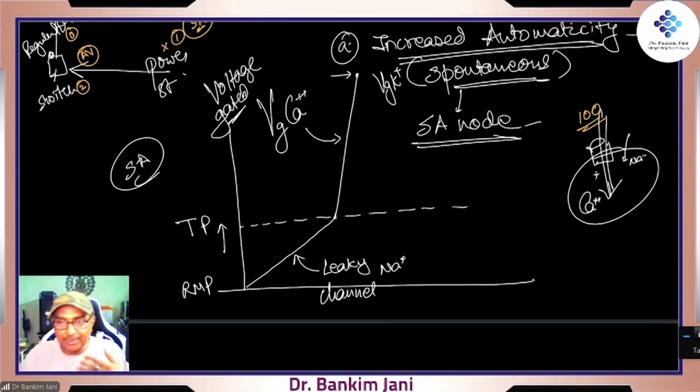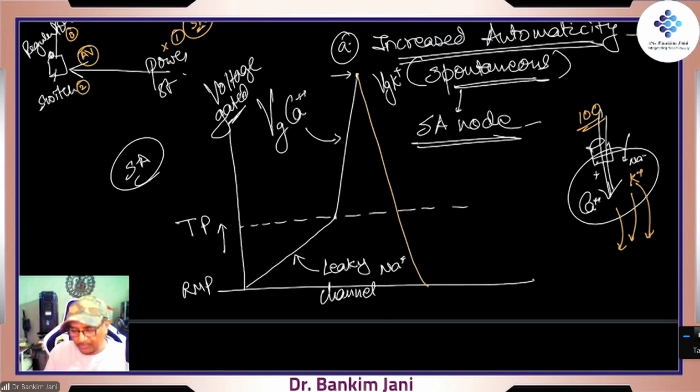Potassium is already present in large amount inside the cell, so it is thrown out in large quantity. When that happens, the potential drops all the way down. Then the voltage gated potassium channels close and sodium again starts entering through the leaky channels, and the cycle continues.